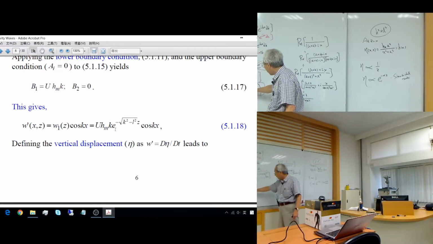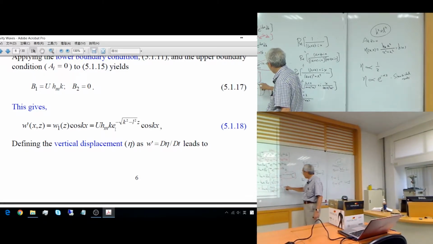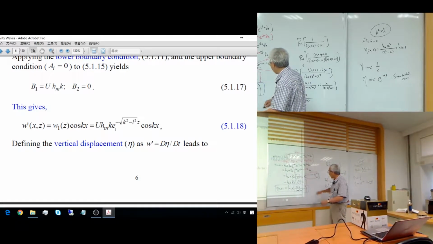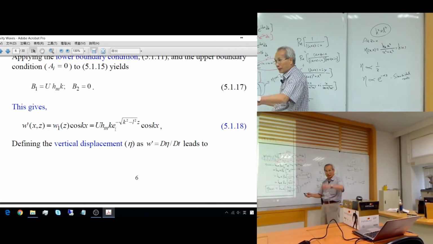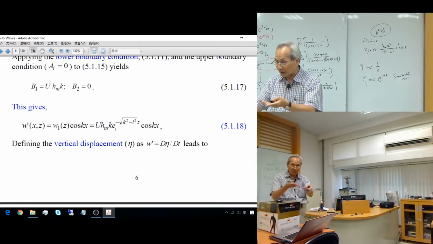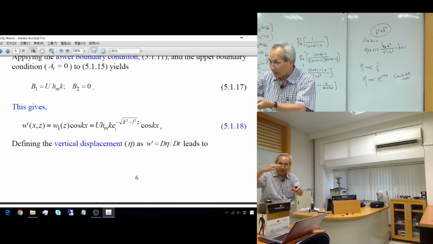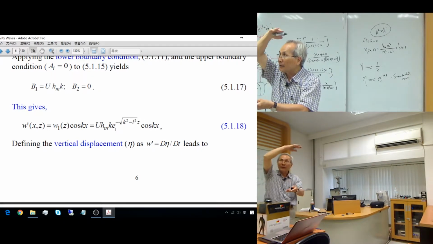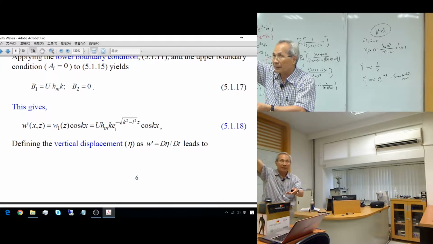It's a over a plus g, so almost proportional to 1 over g. So eta is almost proportional to 1 over g. It's not decaying exponentially, but both are evanescent because the disturbance decays with height, so we have the boundedness upper boundary condition.